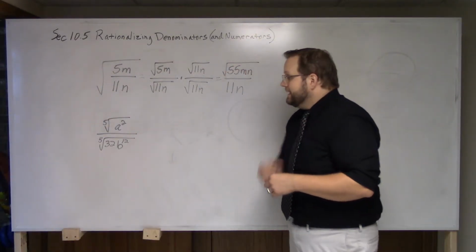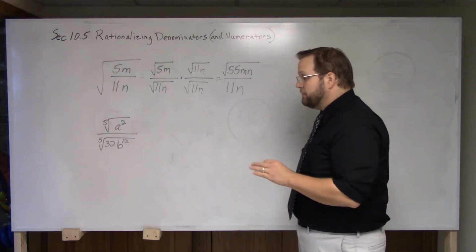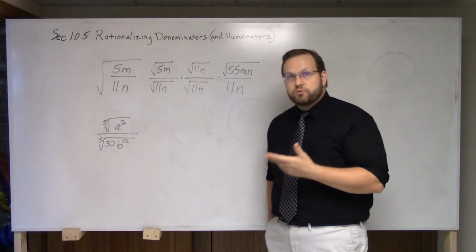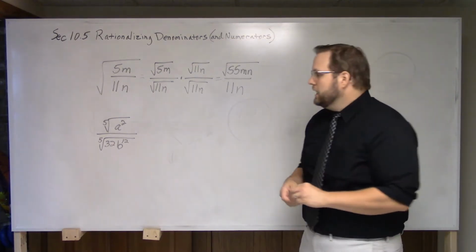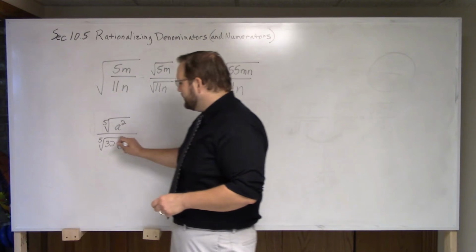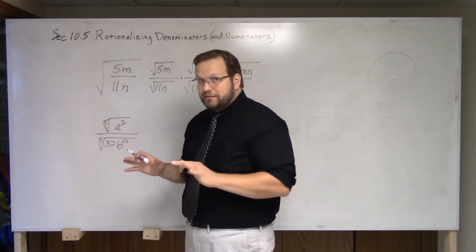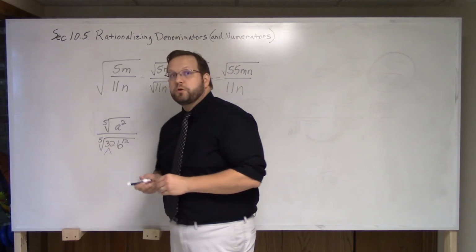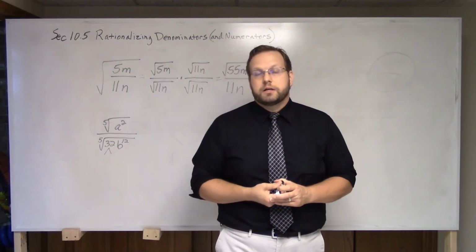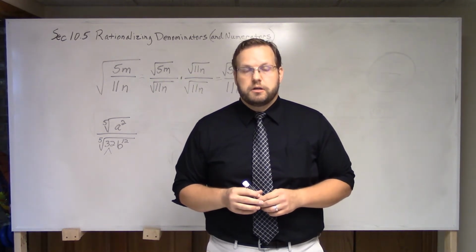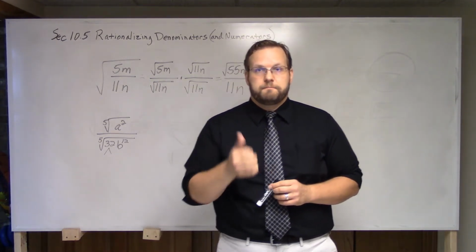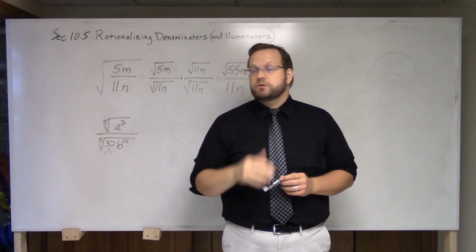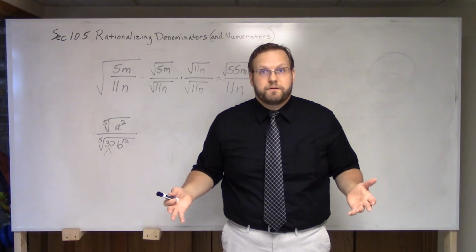Now, like I said in a previous example, if you can, simplify first. Because then, even if you still have to rationalize, you're rationalizing with less. So what I'm going to do is I'm going to focus down here. This numerator, that's as good as it's going to get. 32. Now I'm looking for a perfect fifth power that goes into 32. It's not going to take much. What is 2 to the fifth? 2 times 2 is 4. Times 2 is 8, times 2 is 16, times 2 is 32. That is a perfect fifth power.